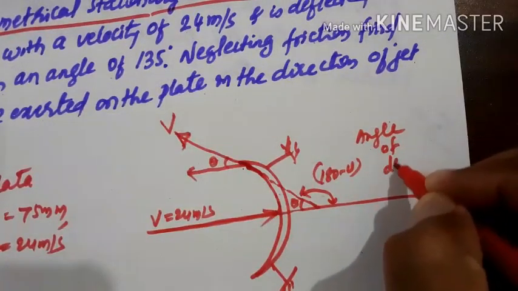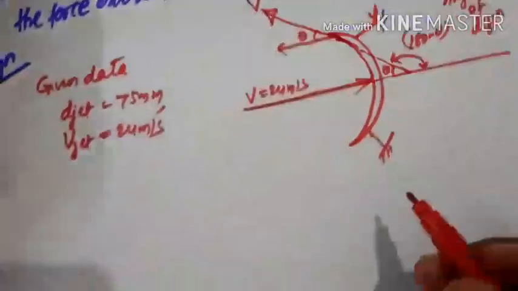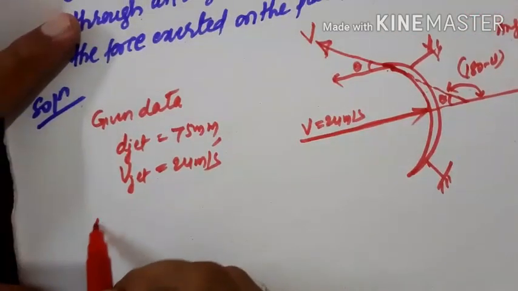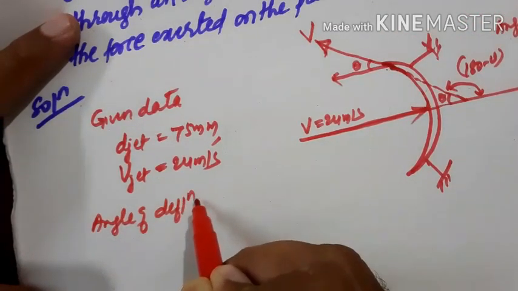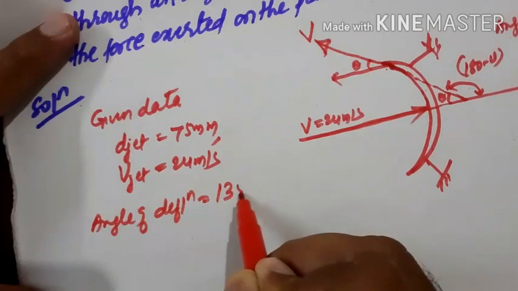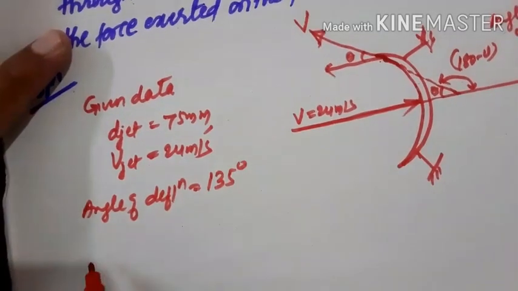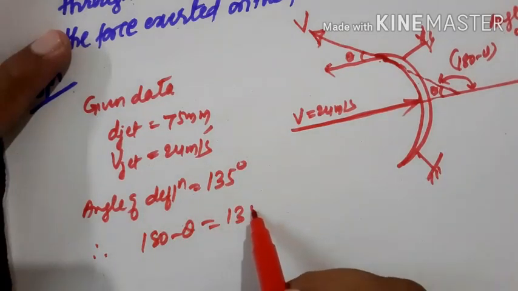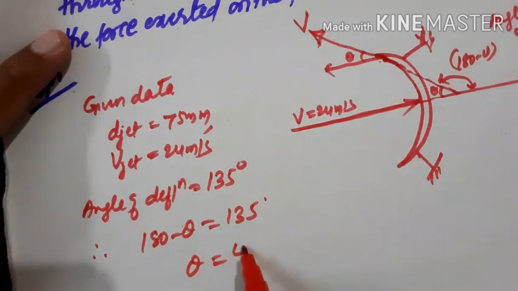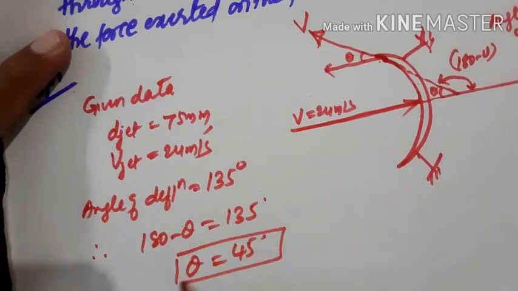In this problem, the angle of deflection is given, that is 135 degrees. Therefore 180 minus theta is 135 degree. Therefore theta will be 45 degree.